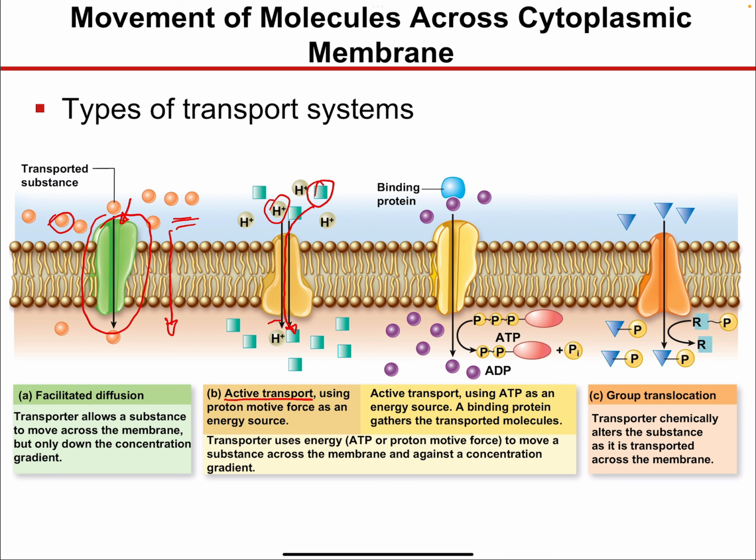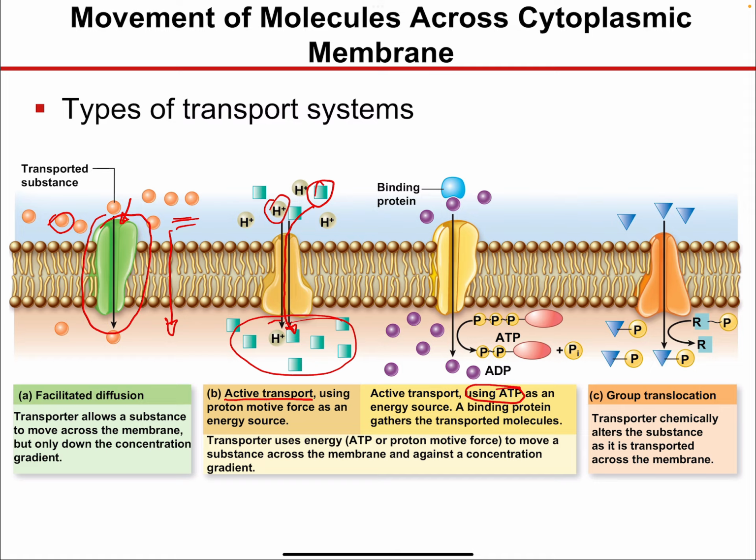So when energy is spent, that energy is going to fuel the movement of a molecule such as a sugar, or another molecule, along with the hydrogen ion to allow a transport in. So that's one kind of active transport. Another type of active transport uses ATP.